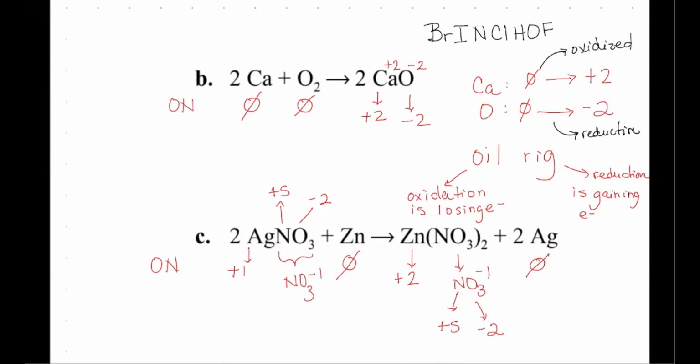No. Remember that you're not gaining positivity. You're losing electrons, and that's why you're becoming more positive. So who gained the electrons here was silver. Look, silver was positive and it went towards 0. So that means it got reduced.